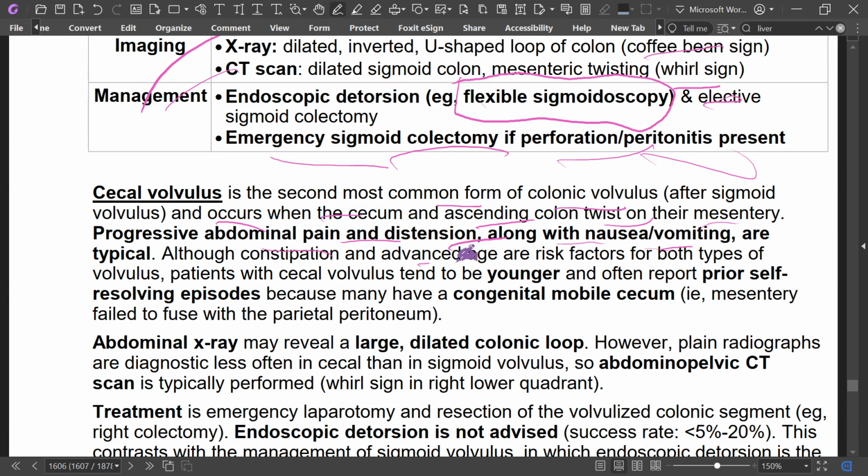Although constipation and advanced age are risk factors for both types of volvulus, patients with cecal volvulus tend to be younger and often report prior self-resolving episodes, because many have a congenital mobile cecum. The mesentery fails to fuse with the parietal peritoneum.